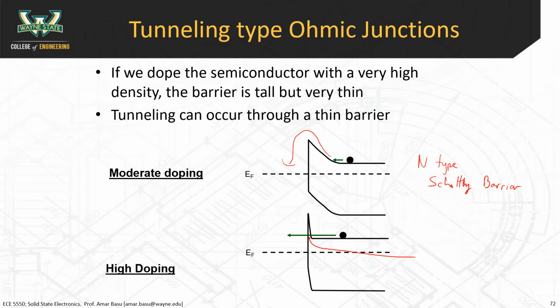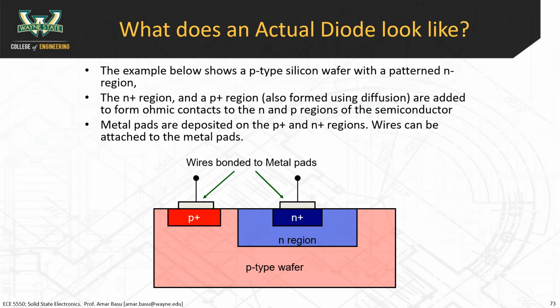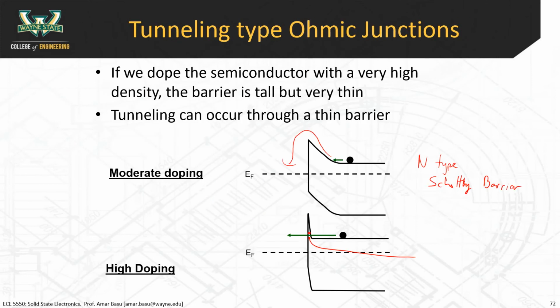But it turns out that the probability of tunneling is exponentially related to the width of this region here. The smaller that width becomes, the probability of tunneling goes up exponentially. So one way of creating a very thin barrier is just to make the semiconductor doping very large.